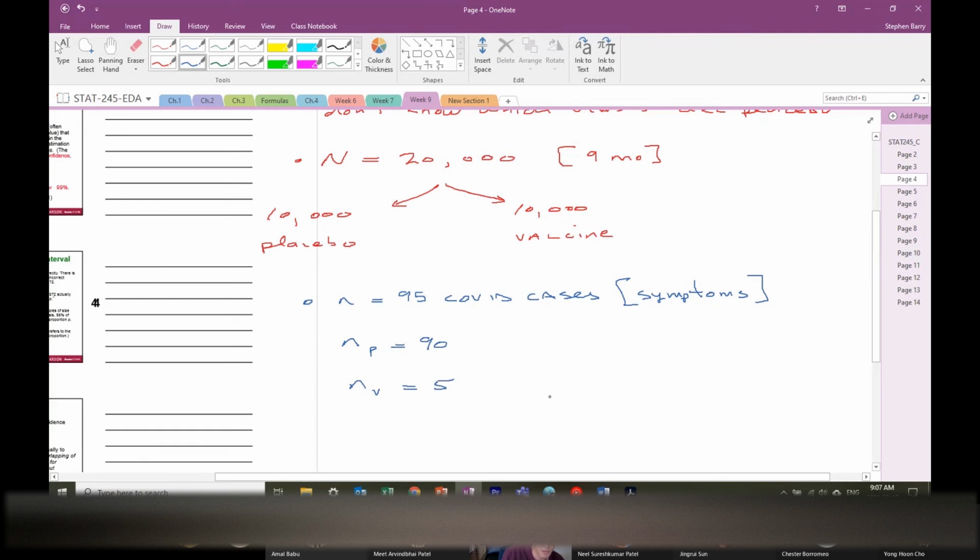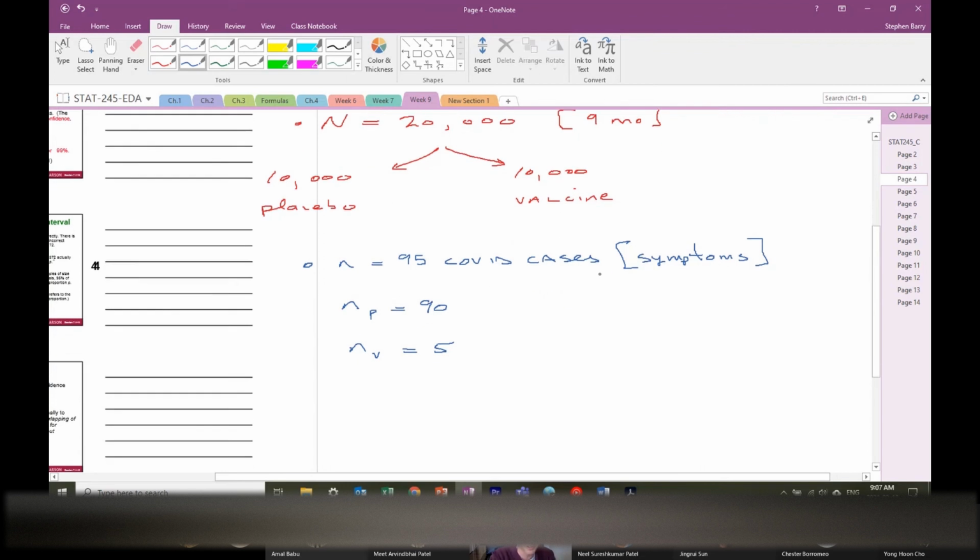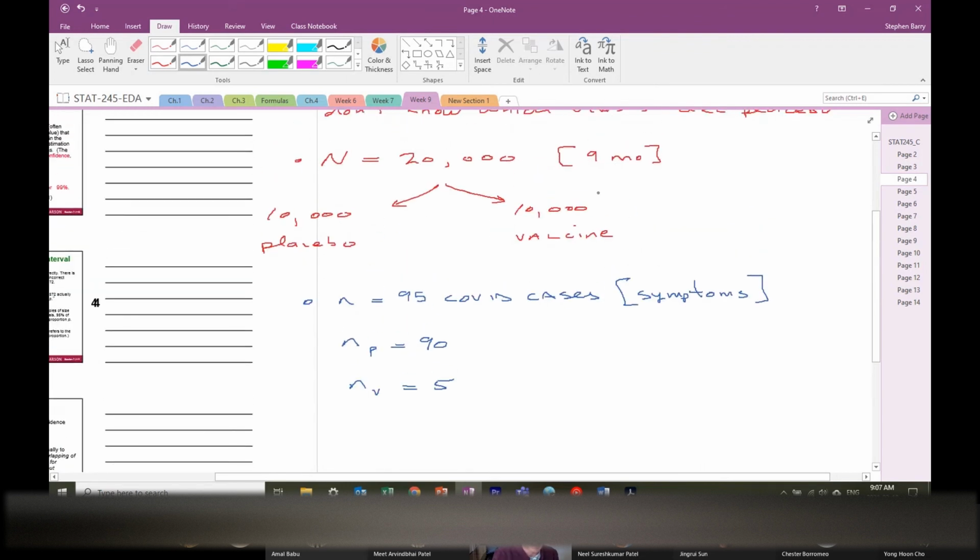And these are the results that were released last year, right? They came up with this, remember, in like November or something like that. And then all of a sudden they say it's 95% effective. So how did they get that number?